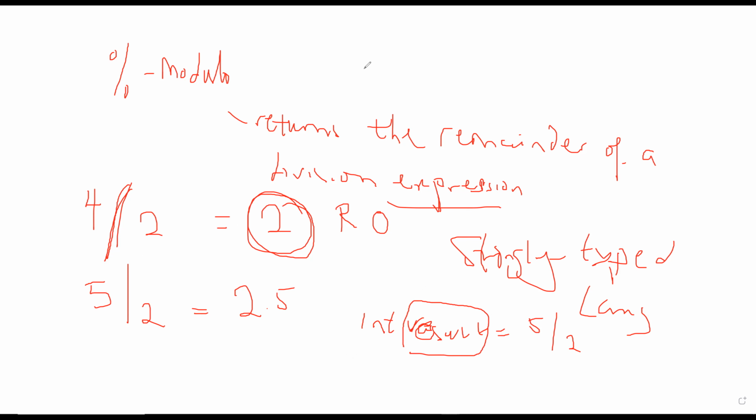Integers are natural numbers 1, 2, 3, 4, and so on. Integers do not have decimal numbers. This is not an integer. So because they declare this variable as an integer, this is a typed variable now, unlike JavaScript. So in such a language, this will return you 2. 2 will be stored here, and the remainder of 1 will be discarded.